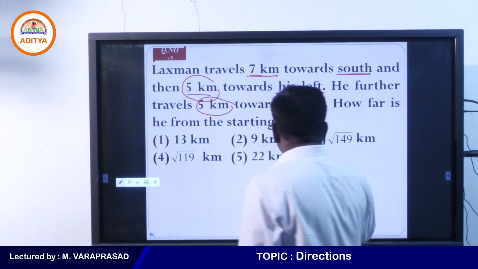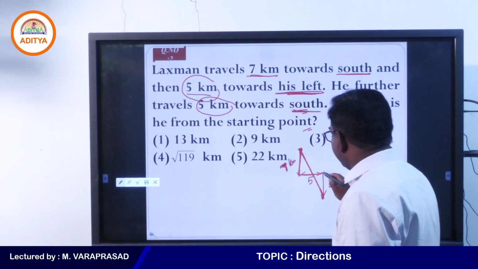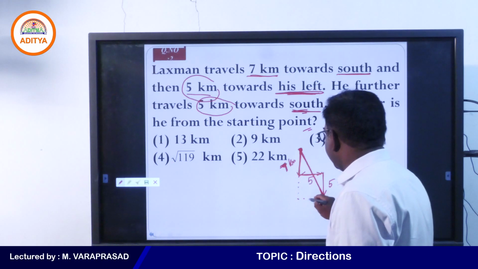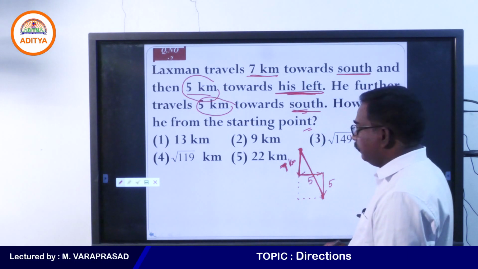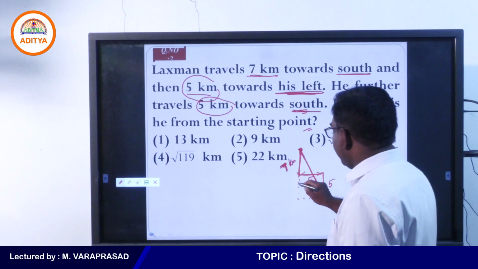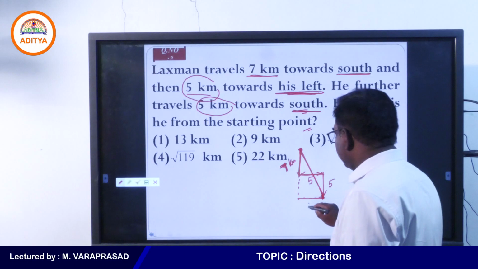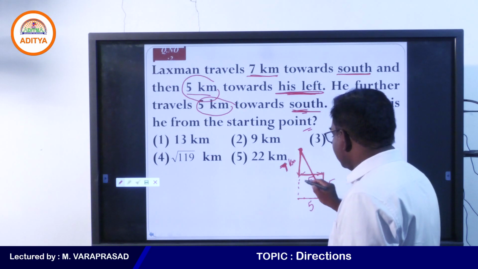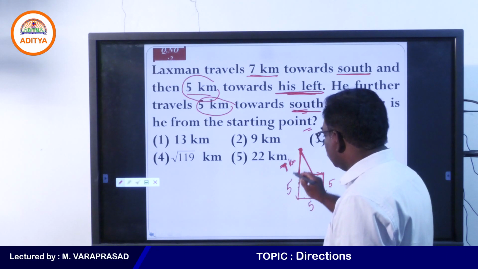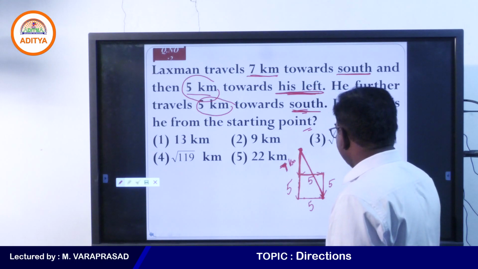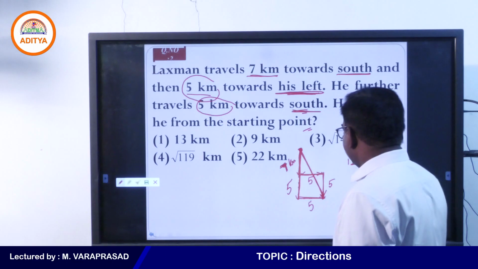So this is 7 kilometers and this is 5 kilometers. Suppose you draw the continuation of the diagram here to get the Pythagoras way. If you join this one and this one, this is 5, so this one is also 5. So the total distance here is 7 plus 5, 12, and this distance is 5.